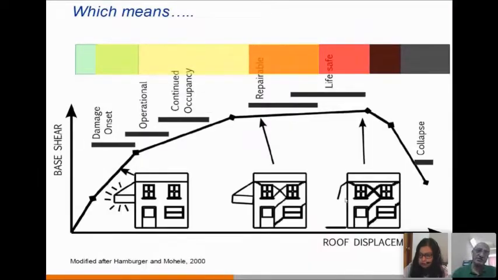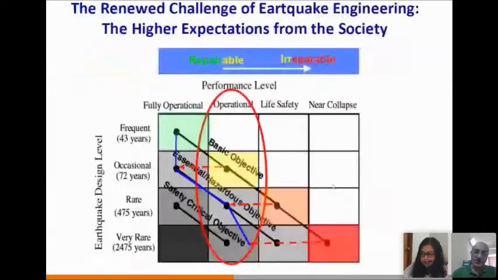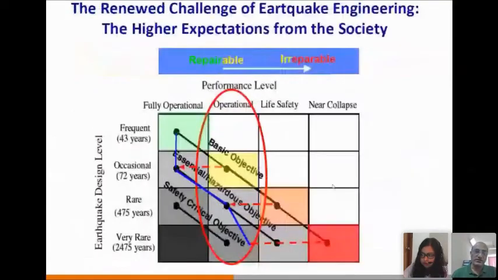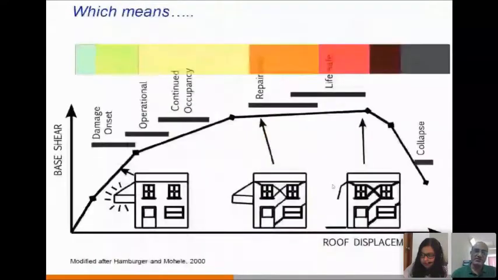delineate that the structure should be functional under the frequent earthquakes, having low magnitude, and it should not suffer any kind of damage. Whereas under occasional events, the structure might go under small, minor non-structural damages and minor damages under horizontal lateral load resisting elements like beams or diaphragm.